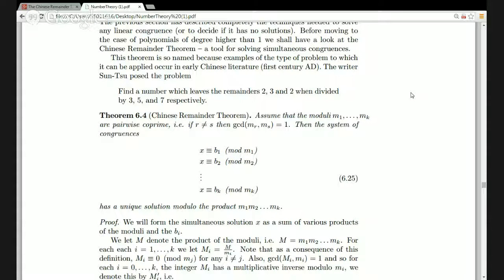Okay, so we're going to look at a simple set of congruences. For each of these moduli mi, we're identifying one congruence class. So we want to talk about the congruence class of b1 mod m1, b2 mod m2, etc., up to bk mod mk.